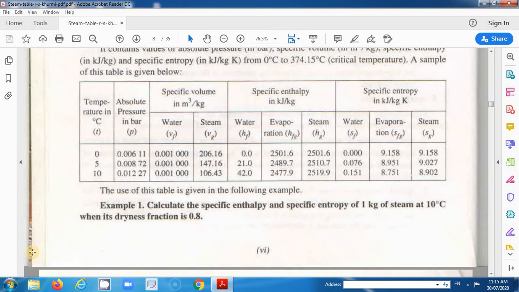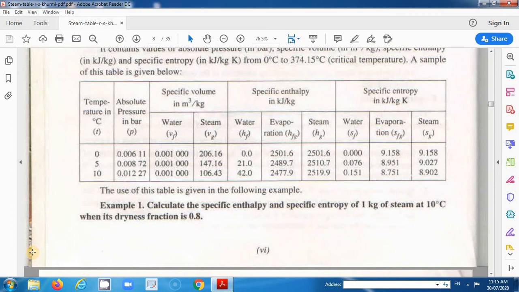What other information is given? Steam is at 10 degrees centigrade, when its dryness fraction is 0.8. If steam is dry, I already told you, then its dryness fraction x is equal to 1.